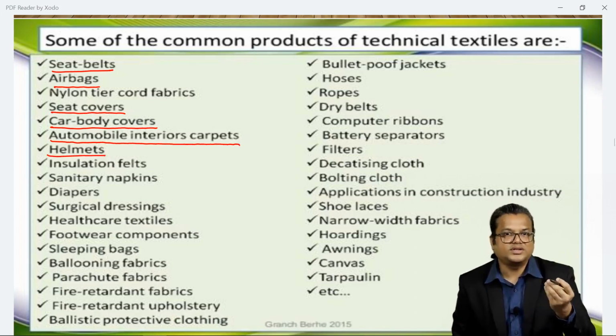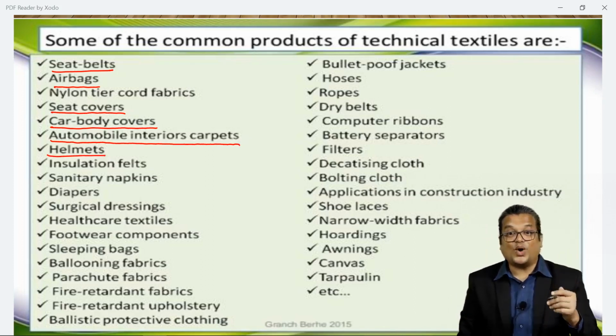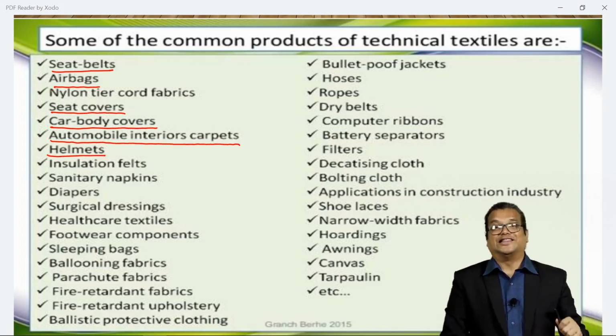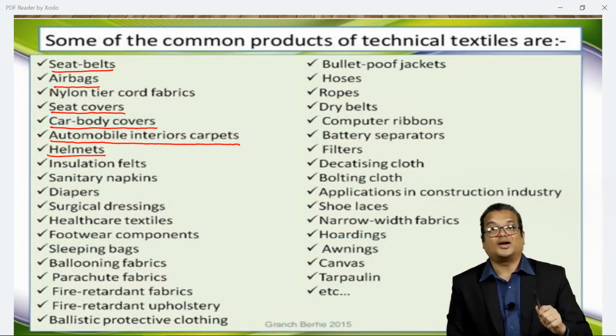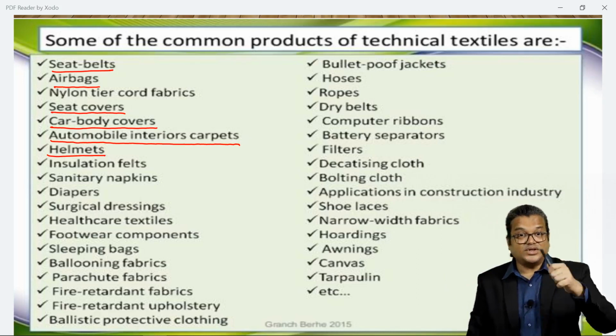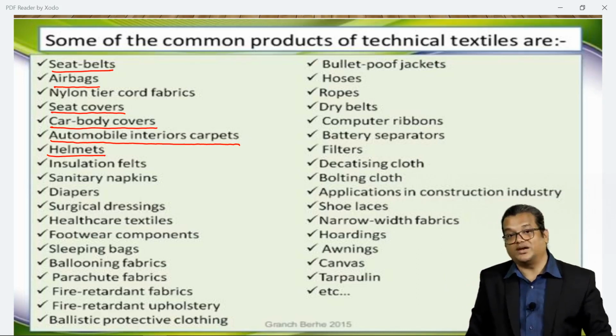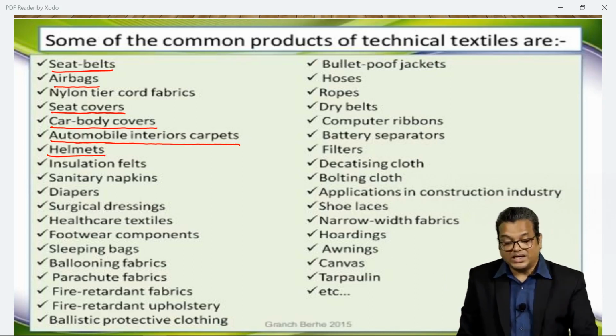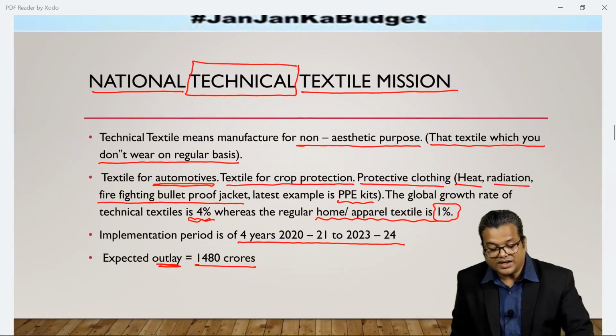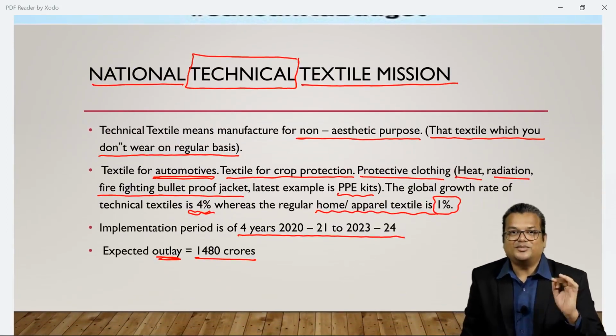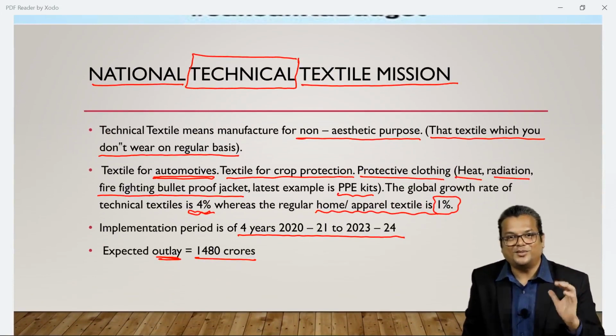Inside the helmet, there is a cloth, right? All these come under examples of technical textile. So that's why this national technical textile mission is absolutely important.